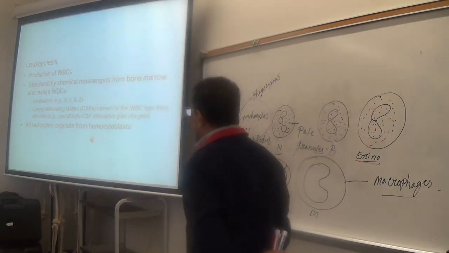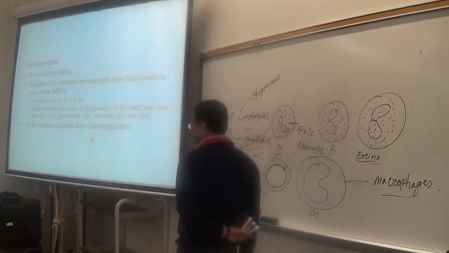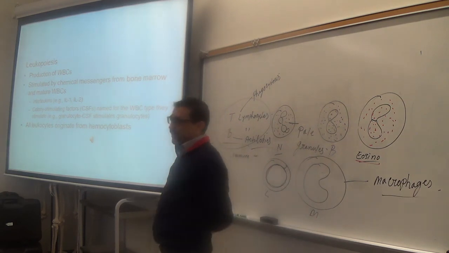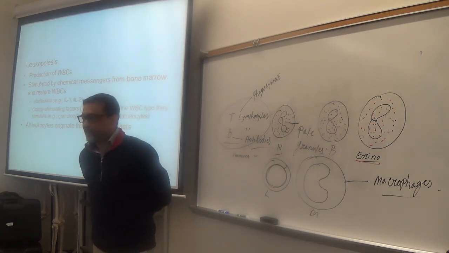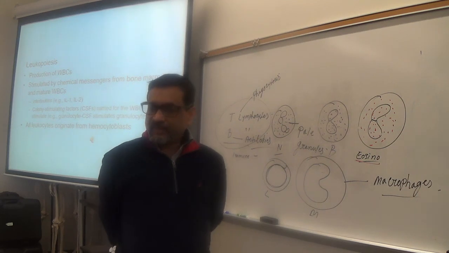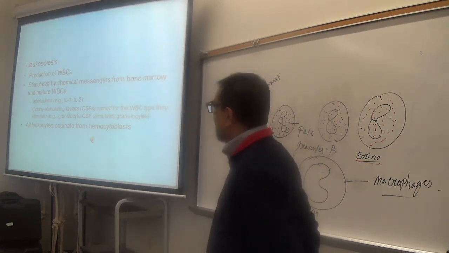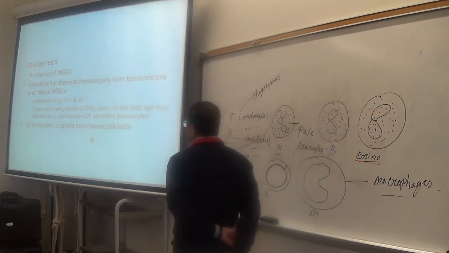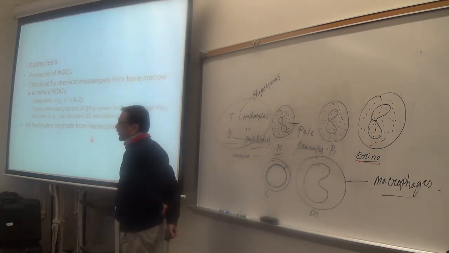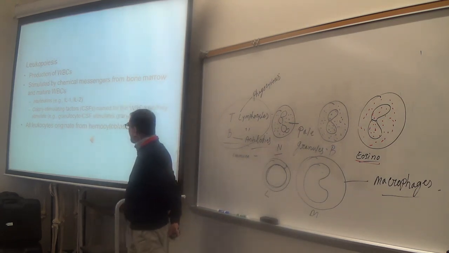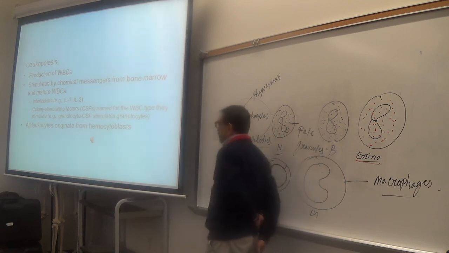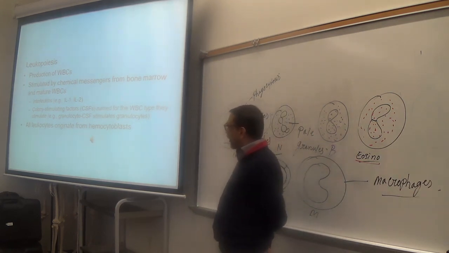One is called interleukins. There are different types of interleukins. Okay, IL-1, 2, 3, 4. Interleukins stimulate the production of leukocytes. Another is called colony stimulating factor, or CSF. That also stimulates the production of white blood cells.